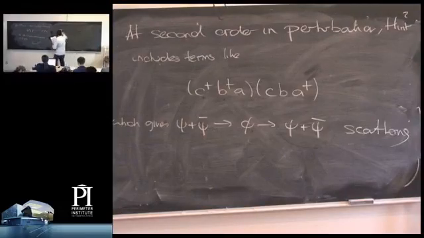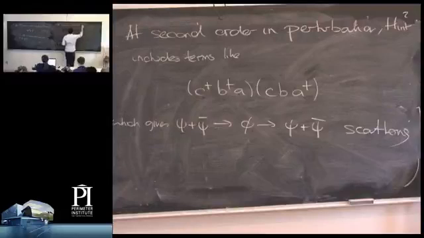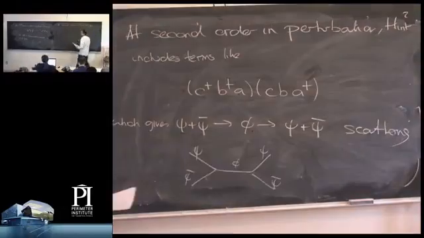Okay, at second order in perturbation theory, that means when we expand out that evolution operator, which is the exponential, to the quadratic piece, so now there's 2 powers of H interaction.